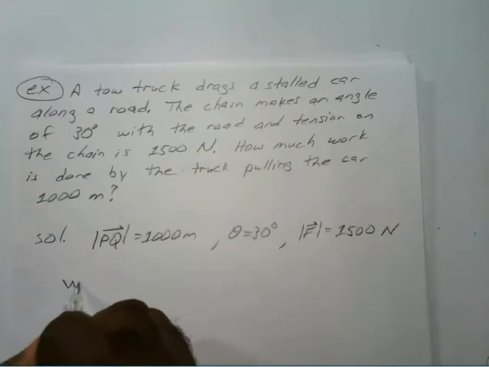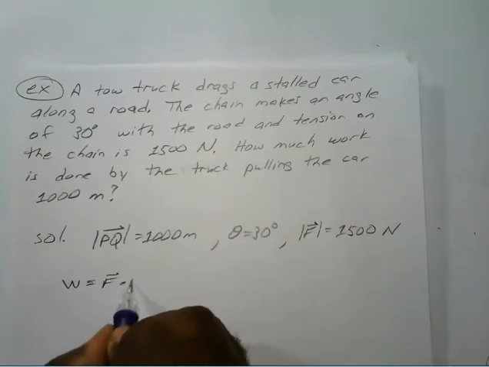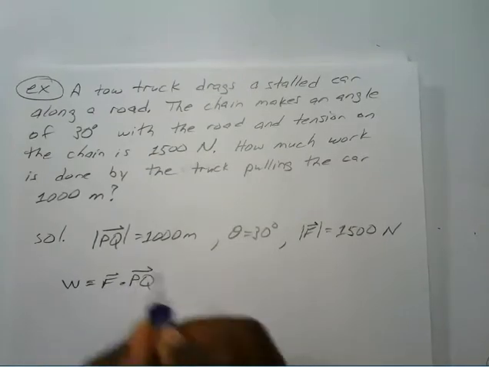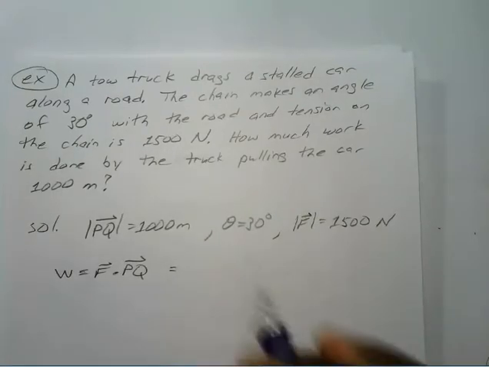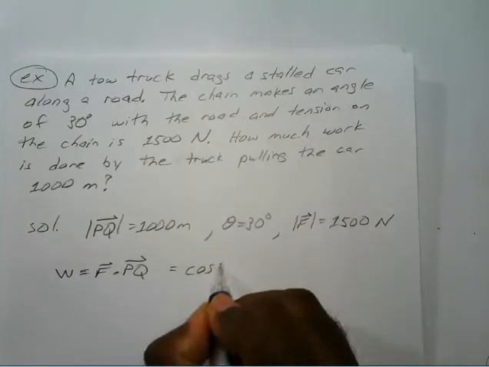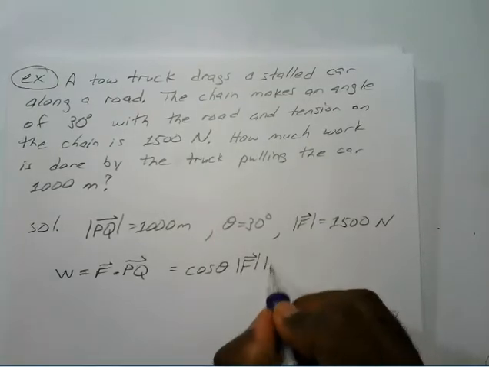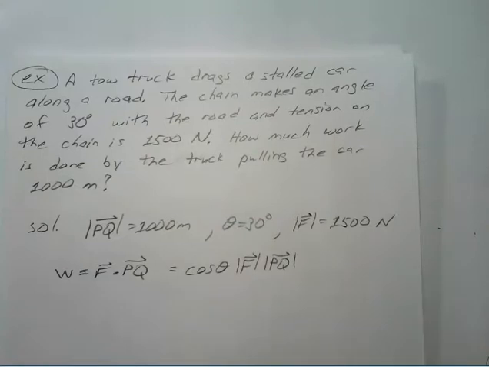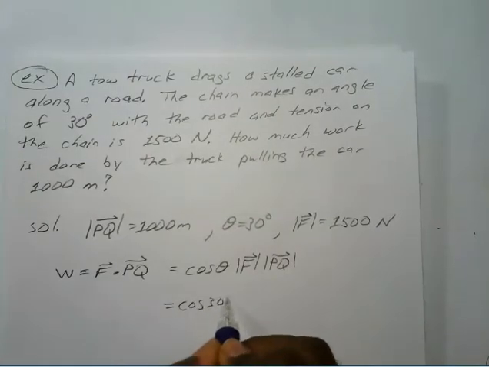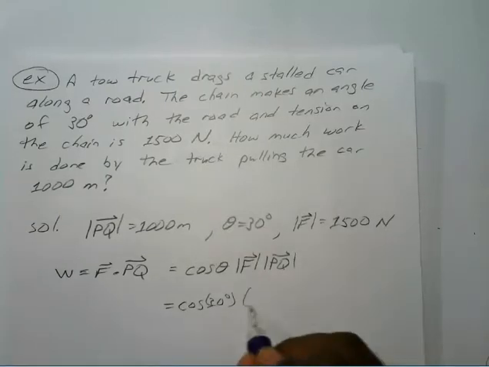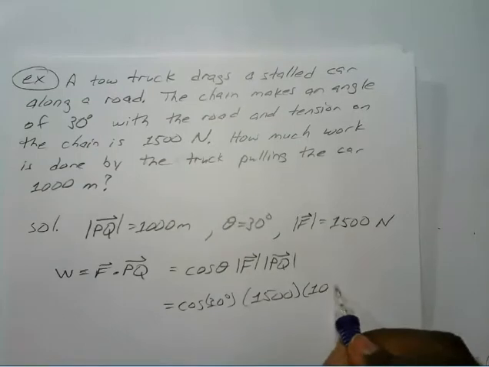Okay, so work, which is of course the dot product of the force and the distance. Since we have an angle thrown in there, we'll use this form. Cosine theta times the magnitude of force times the magnitude of the distance. Okay, so we have cosine of 30 degrees times 1,500 times 1,000.